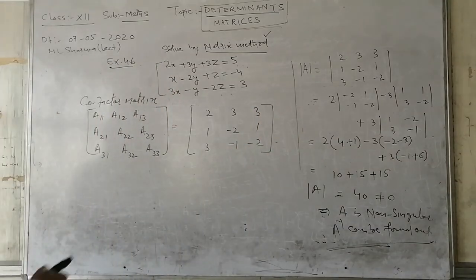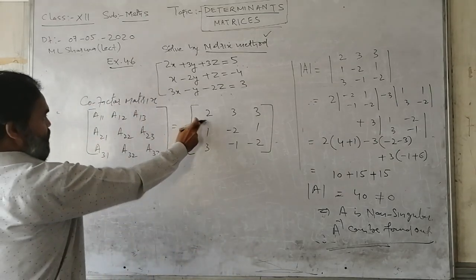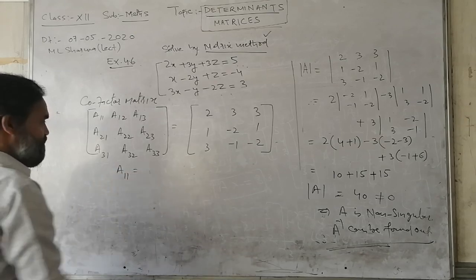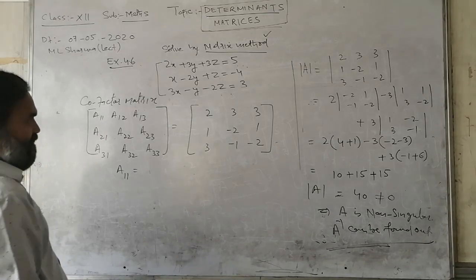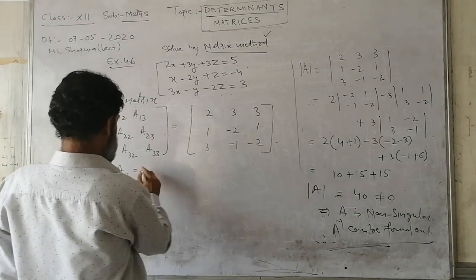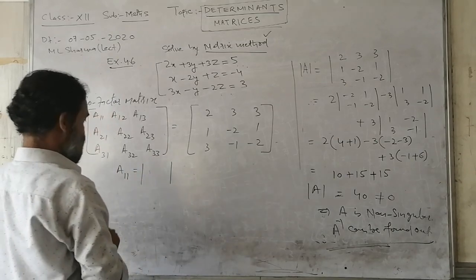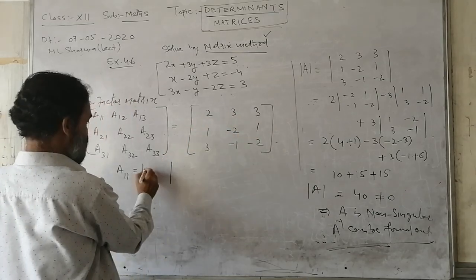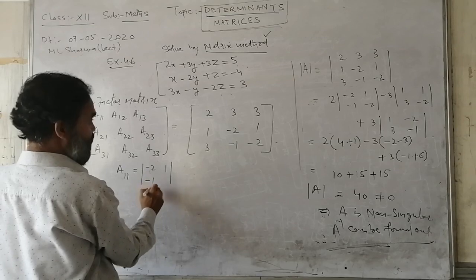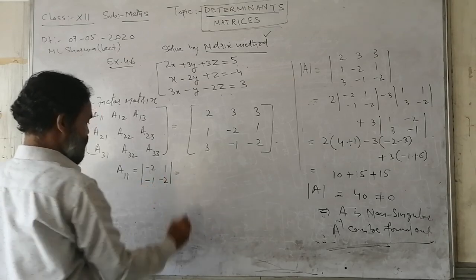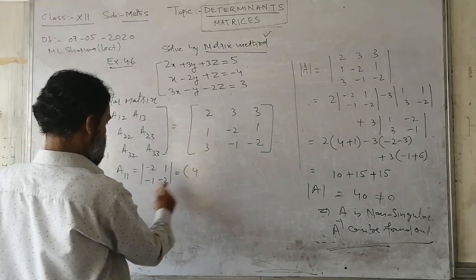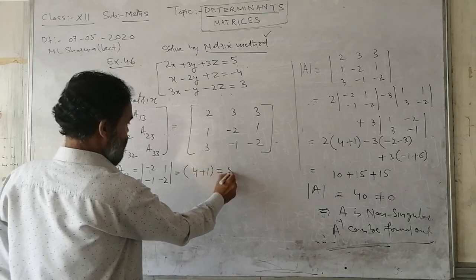So for the cofactor matrix of this matrix, the first element is A11. So A11 can be found this way. 1 plus 1, it is positive. So this row and this column are deleted. Minus 2, 1, minus 1 and minus 2 is left. This will equal 4 plus 1, that is 5.